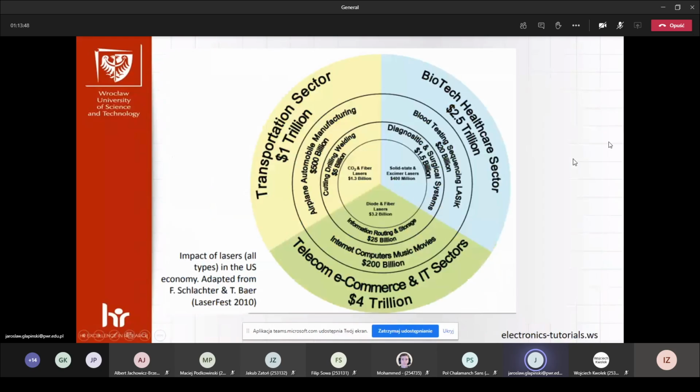This is the graph from the last 10 years, so we know how many lasers are used for different categories. We can see that a lot of them are used for healthcare, some for telecommunications, some for other elements. So we have lasers nowadays everywhere.